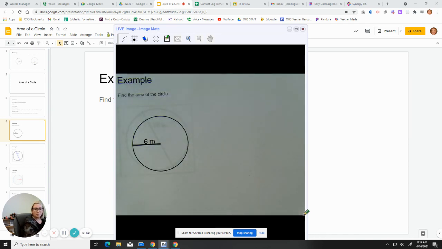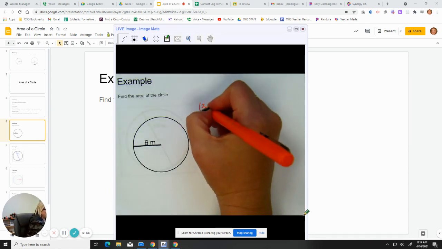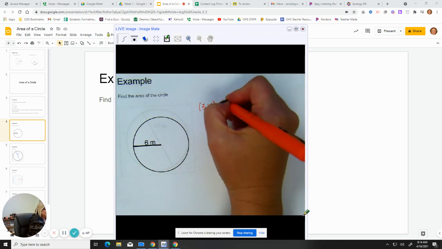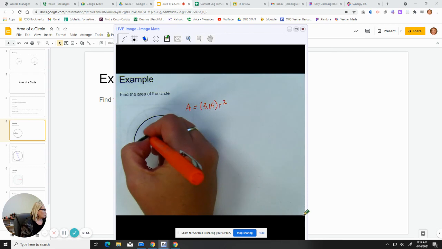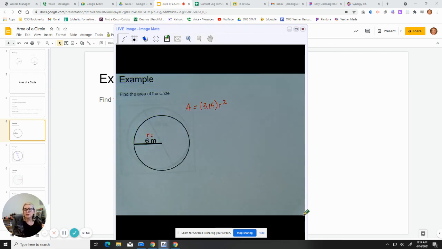Our formula says 3.14 times r squared, or pi r squared, is the area. We know that halfway across the circle is a radius, so that means that 6 is the radius.